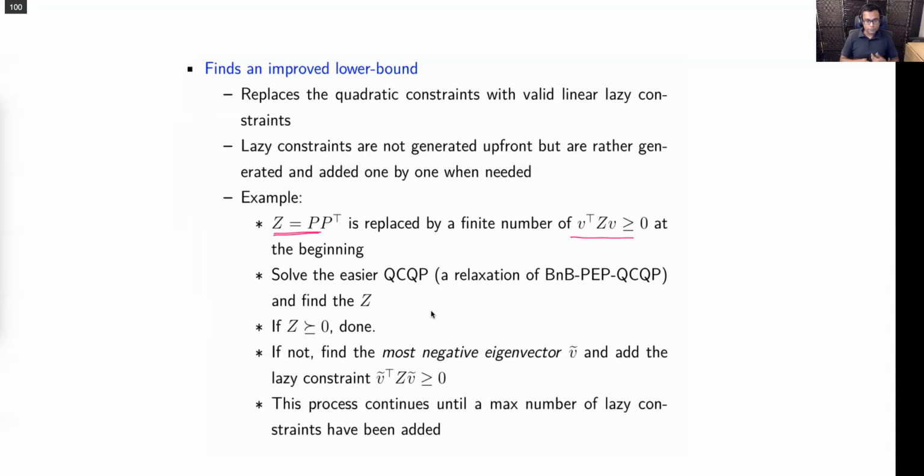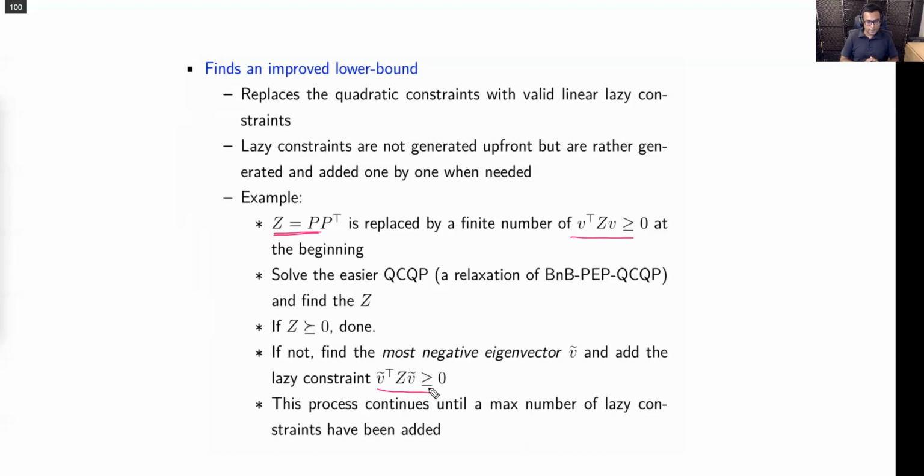So what we do is find the most negative eigenvector V tilde, which is violating that V transpose Z V greater than or equal to 0. And then to cut off that point, we add this lazy constraint, V transpose Z V tilde greater than or equal to 0. So we have added only one linear constraint.